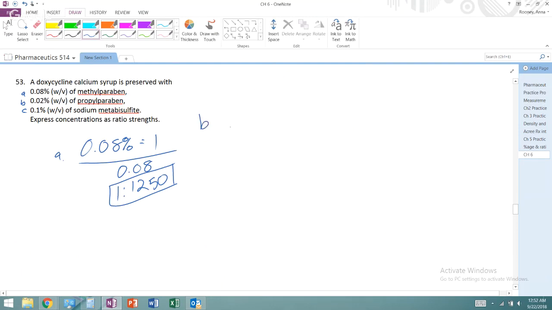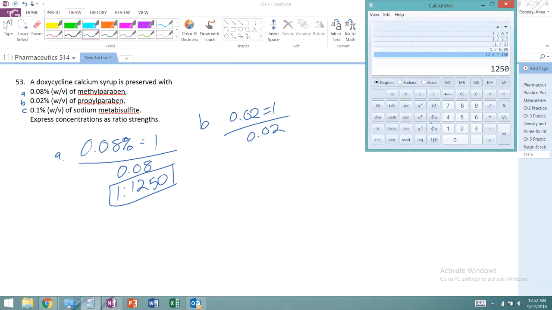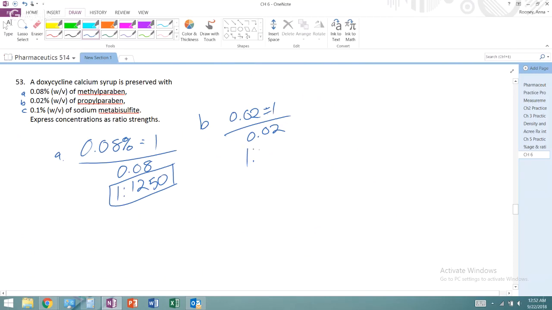And then B is 0.02 over 0.02. 1 divided by 0.02 is 50, times 100, 5,000. There's that.